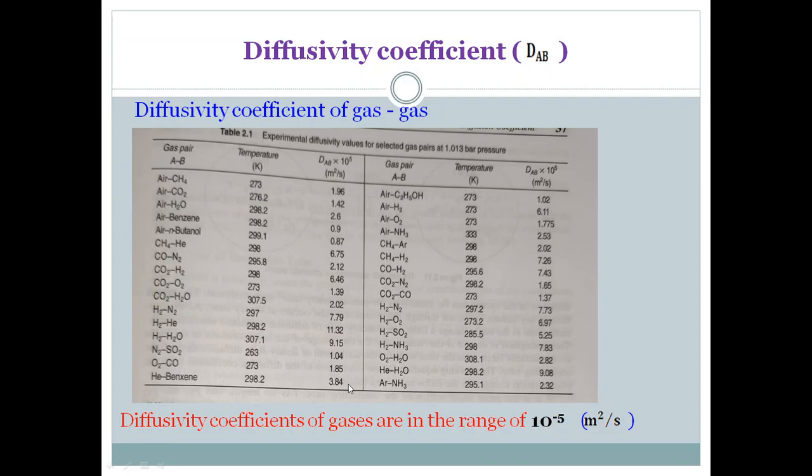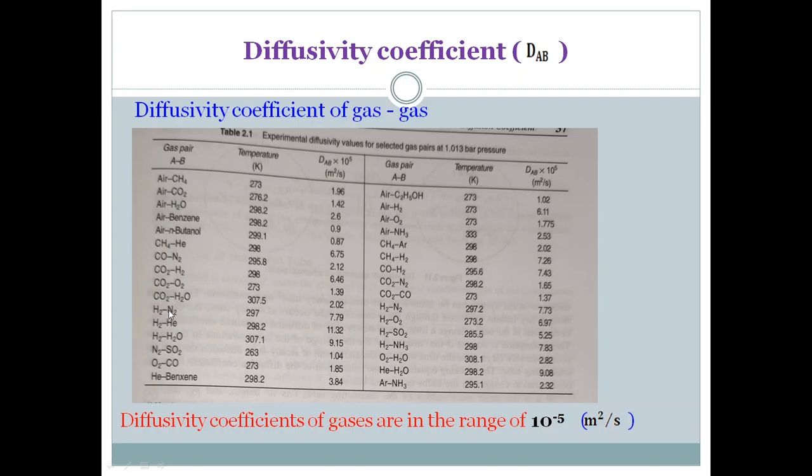Now the highest one is 11.32, hydrogen in helium. Helium is very inert and hydrogen is very small, so the diffusivity of hydrogen in helium will be very high, because helium will not offer much resistance to hydrogen. Similarly, hydrogen in nitrogen is also high, but the nitrogen molecule is much bigger than helium. That's why it is less.